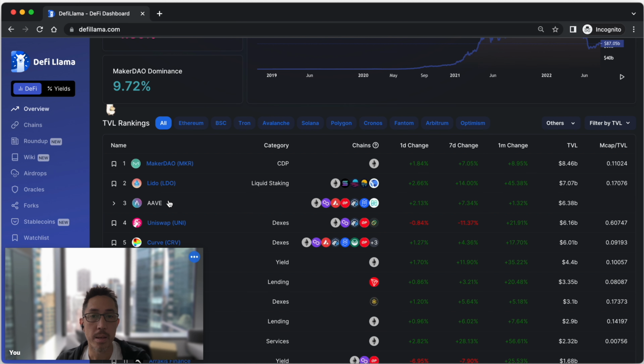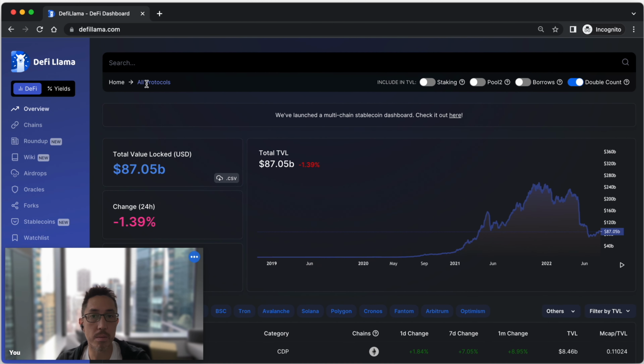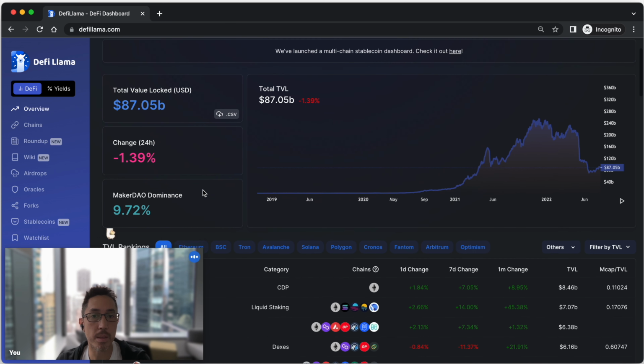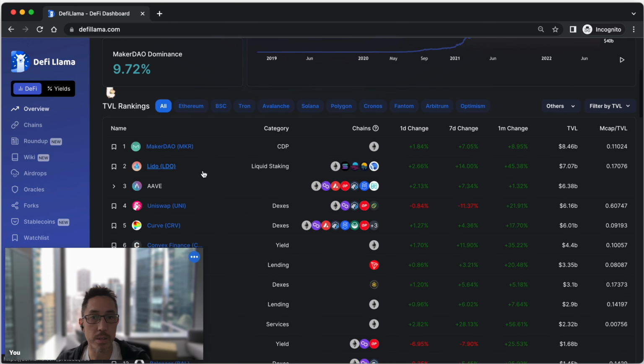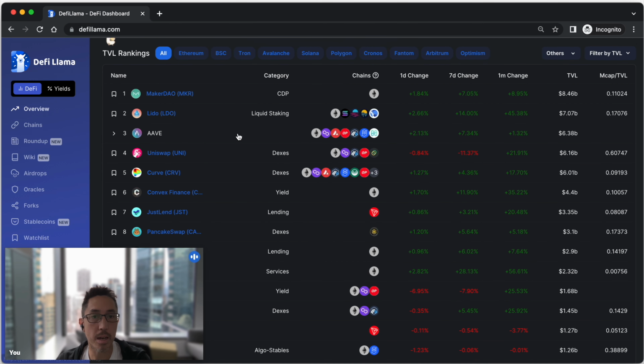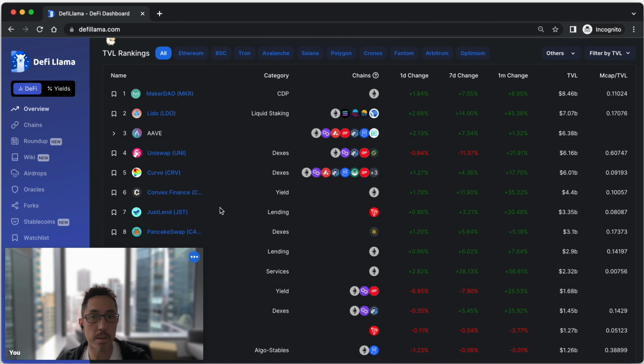What we can see on this is the TVL for all protocols, across all networks, all chains. On Aave, there is 6.4 billion of TVL locked up over here. Where's Compound?